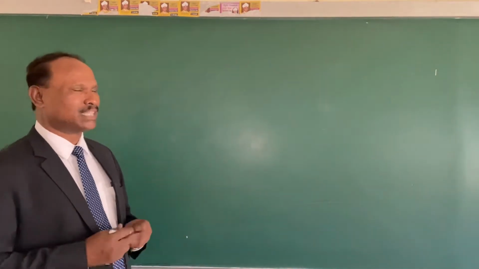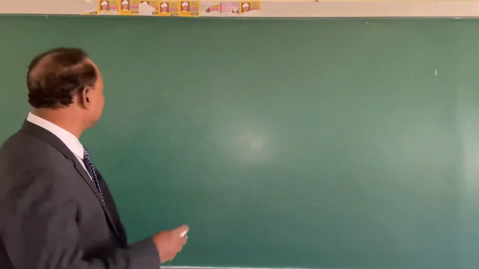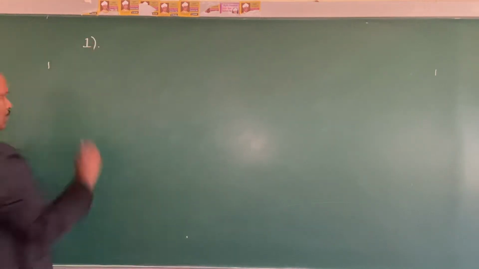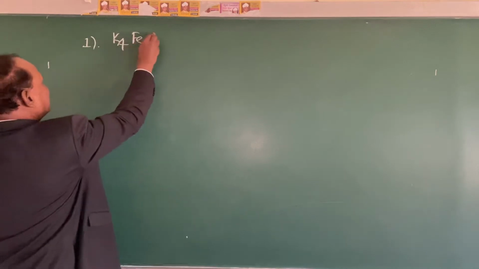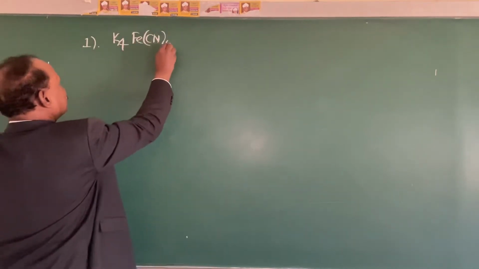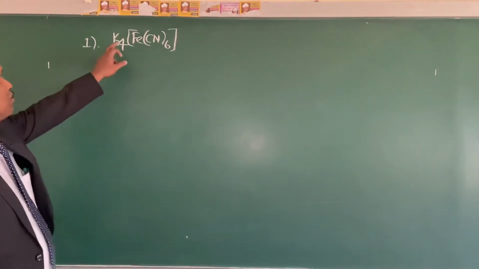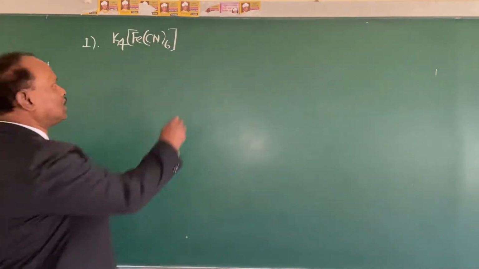Now I will explain this valence bond theory by taking a few examples. The first example is potassium ferrocyanide. The IUPAC name for this compound is potassium hexacyanoferrate(II).